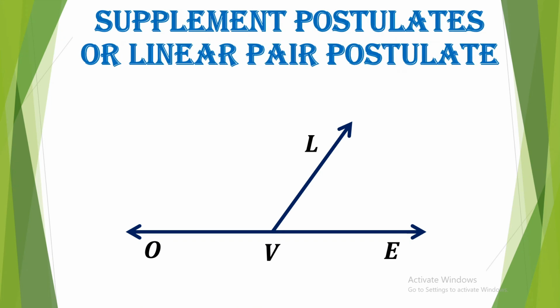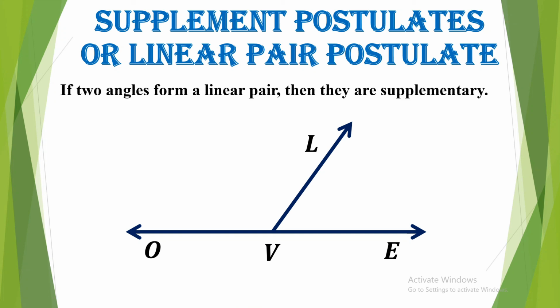So here we have the supplement postulate or the linear pair postulate, which states that if two angles form a linear pair, then they are supplementary. But it doesn't mean that supplementary angles always form a linear pair, because all angles that form a linear pair are supplementary, but not all supplementary angles form a linear pair.